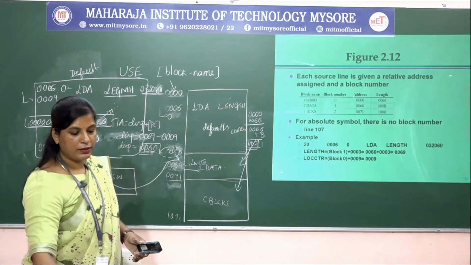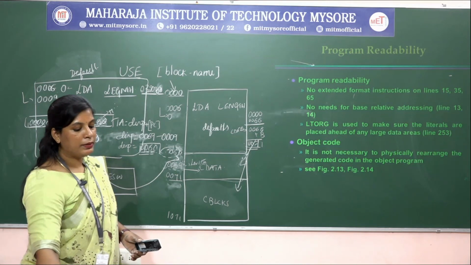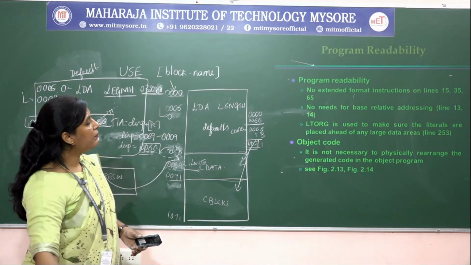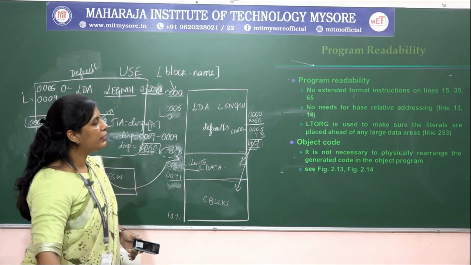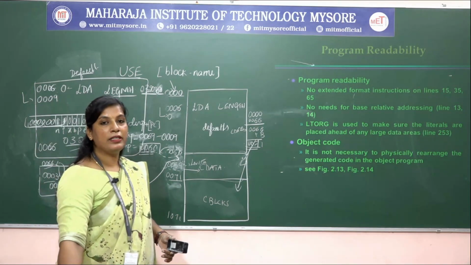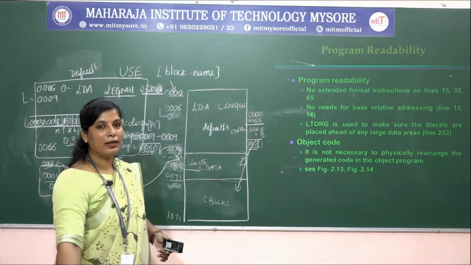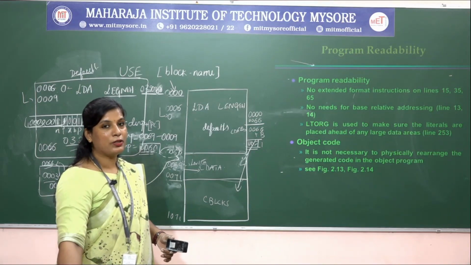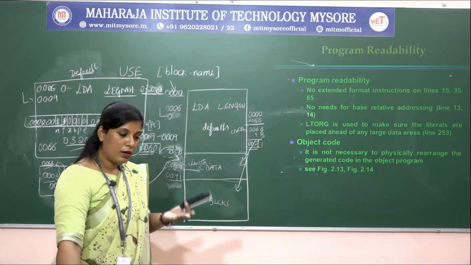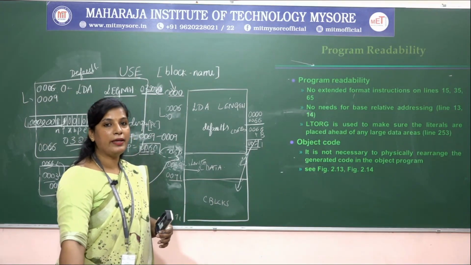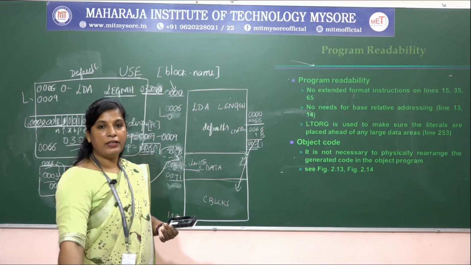You can observe that in terms of program readability, there are no extended format instructions on line numbers 15, 35 and 65. The instructions in those lines are JSUB instructions. We are moving that larger memory to the end of the program, hence no need to go with format 4.